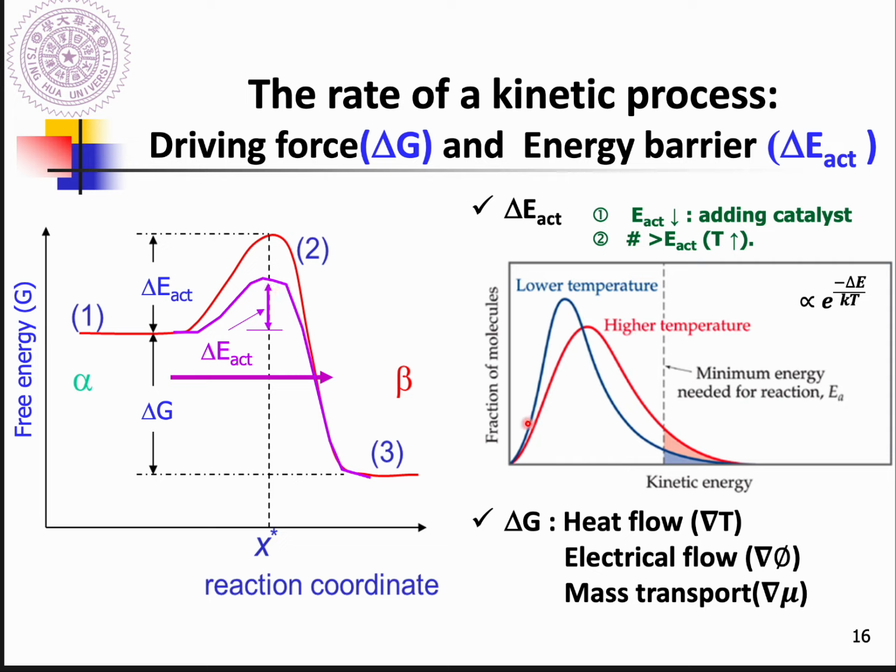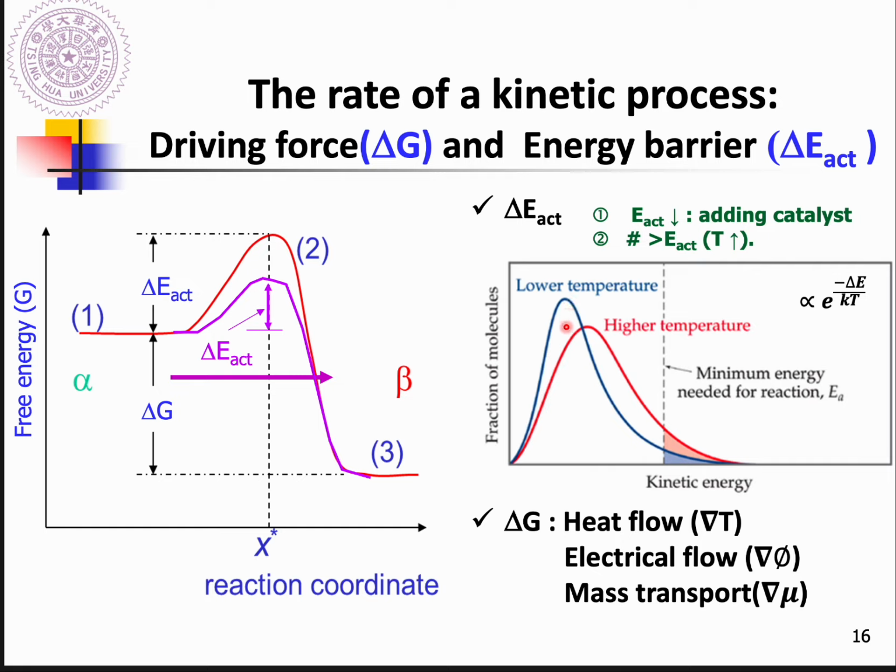So let's take a look at the Maxwell-Boltzmann distributions here. The vertical axis is the fraction of molecules, and the horizontal axis is related to the kinetic energy. And the blue one is a lower energy or lower temperature.